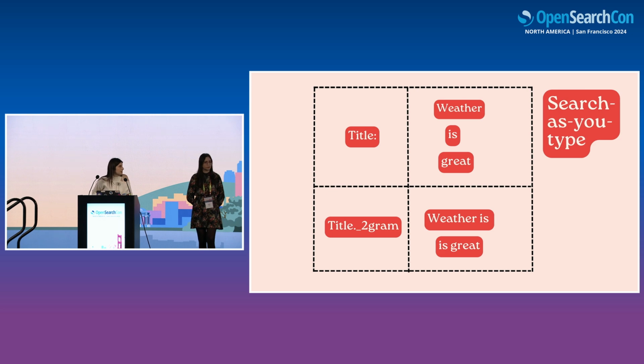But how will OpenSearch basically store the data? In case we again have a title, in our title, "weather is great." During insert, OpenSearch processes your data, separates the main field title, splits sentences into separate words and keeps the strings as an array of strings.